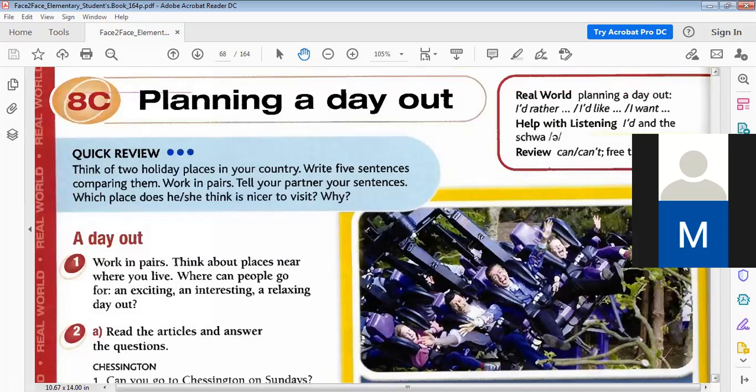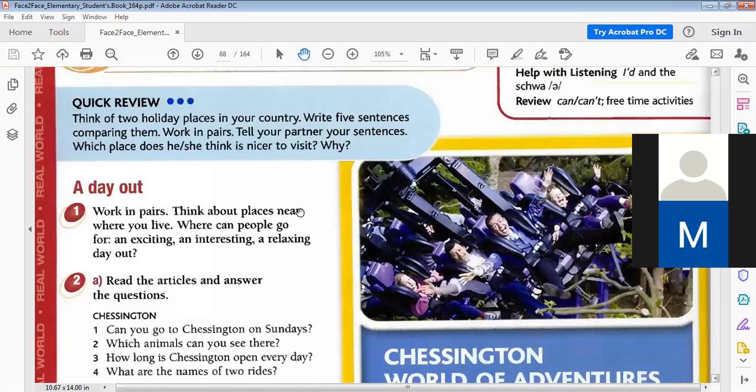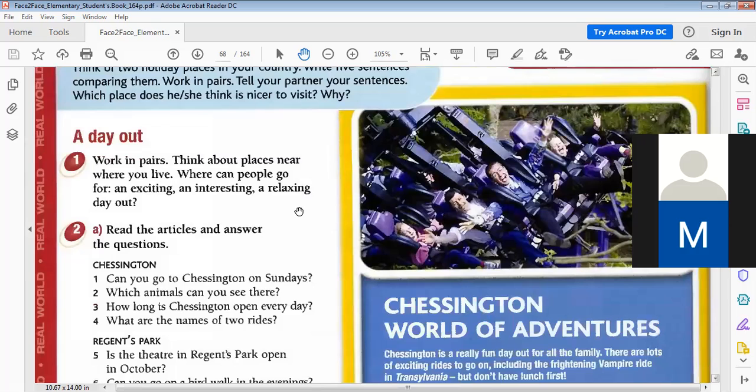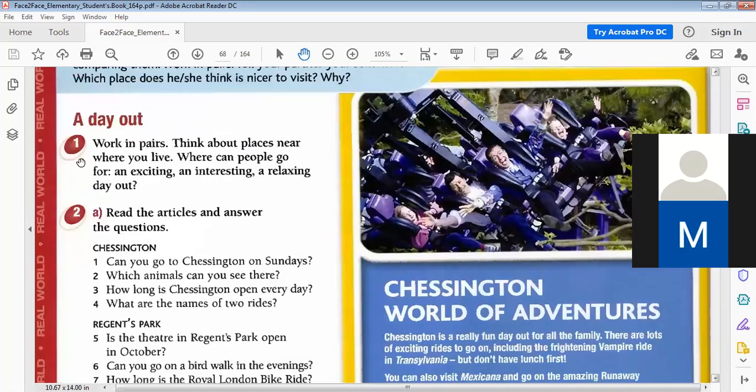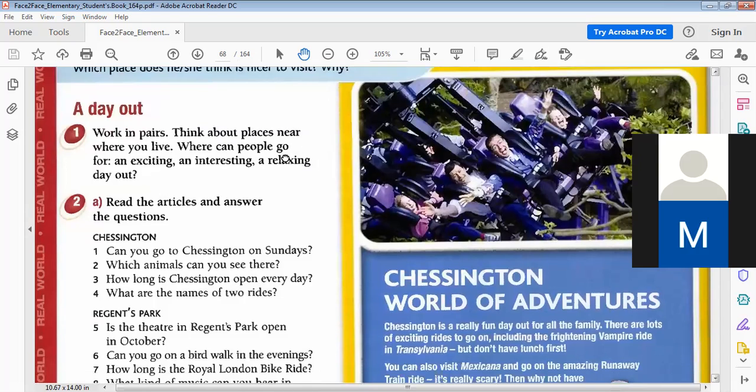Okay, so let's talk about a day out. So here, I'm going to start with a few questions. So here in Libya, or Manal, in your city in Sudan, if you want to go to somewhere near where you live, for example, on Friday, so of course there's no work on Friday and maybe you want to go out with the family, right?